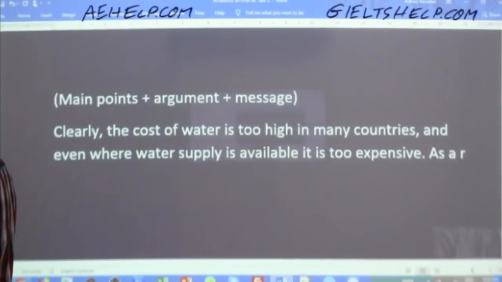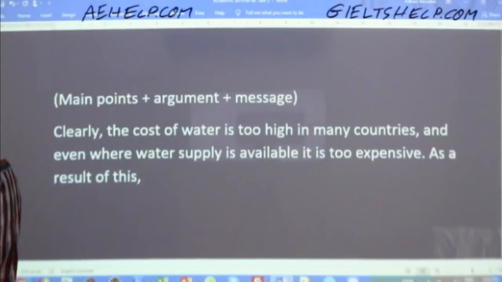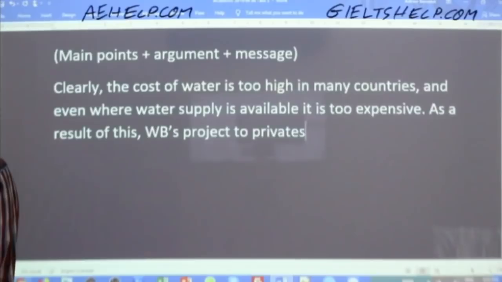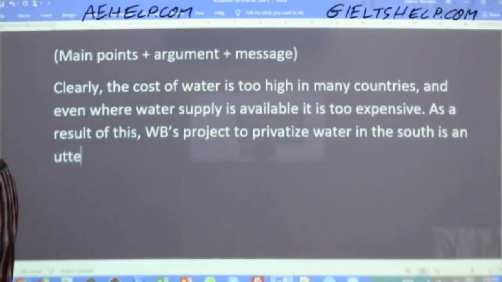As a result of this, WB's project to privatize water in the South is an utter failure.